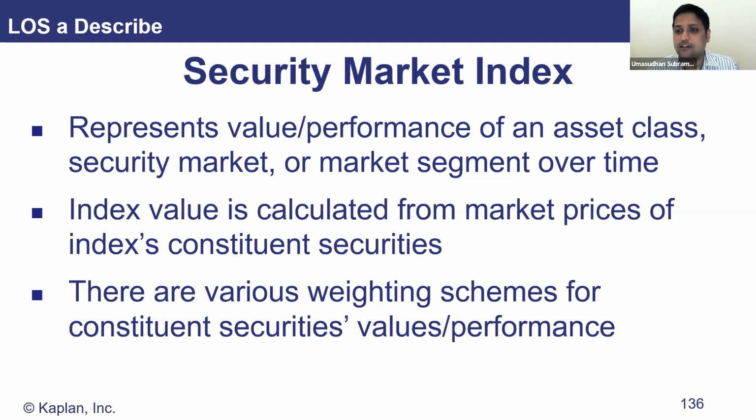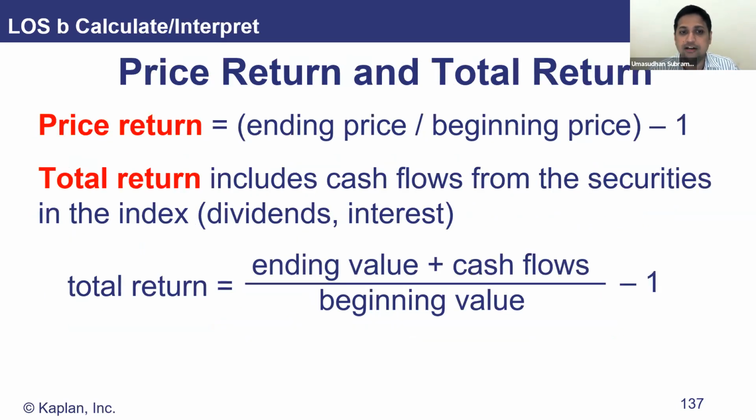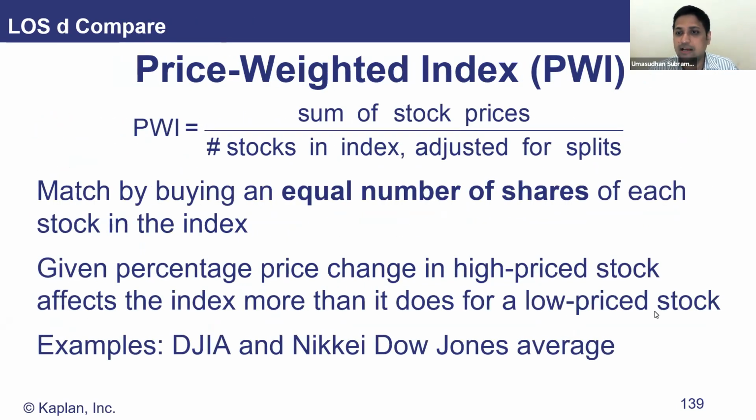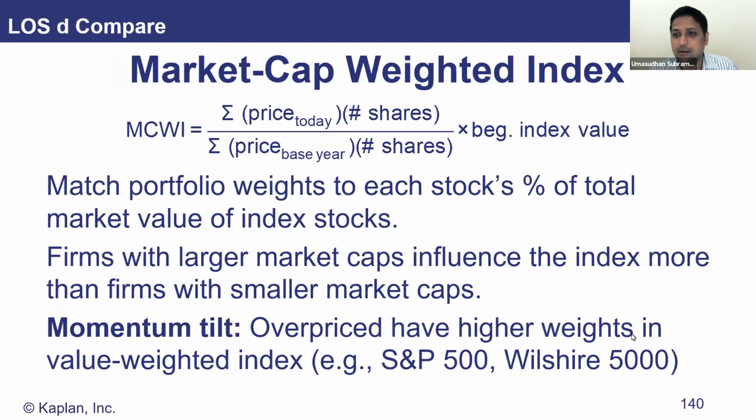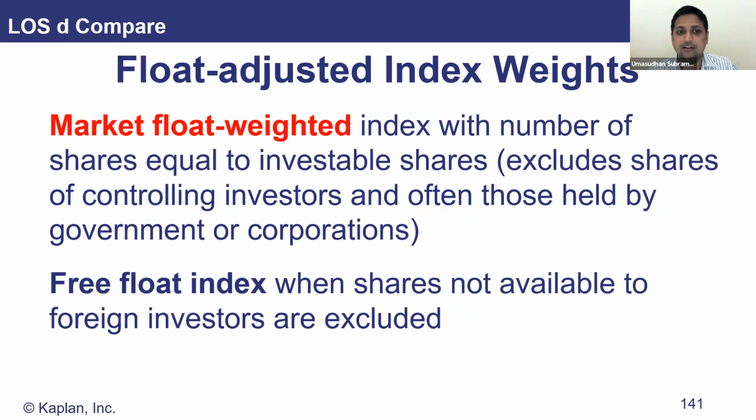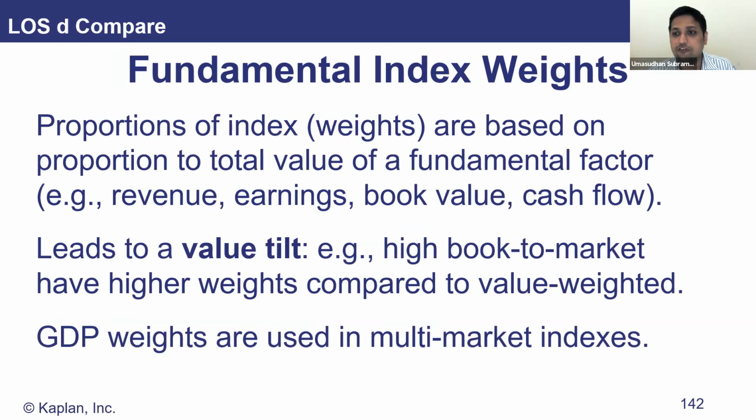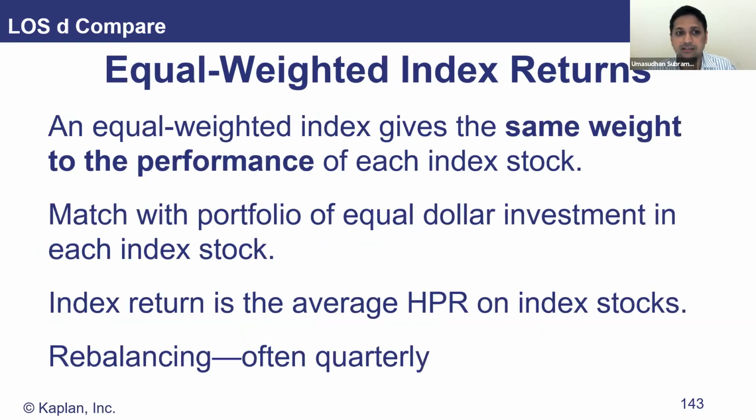There are different types of indices depending on how the index is calculated. We are going to talk about price weighted index, market cap weighted index, which is what value weighted index or market value weighted index is, and then float adjusted market cap weighted index, fundamental weighted index, equally weighted index.